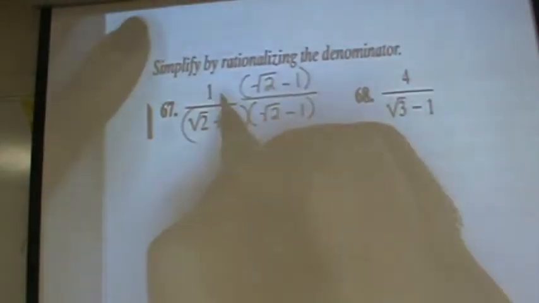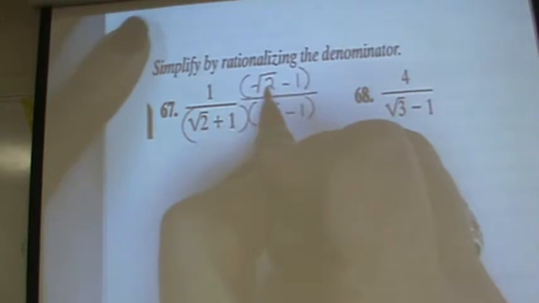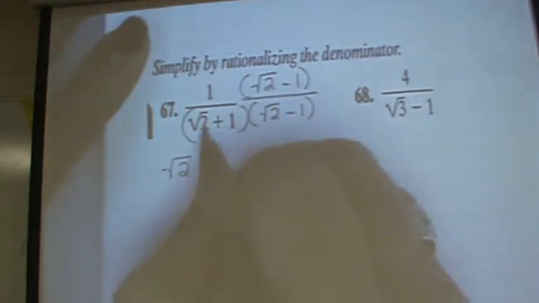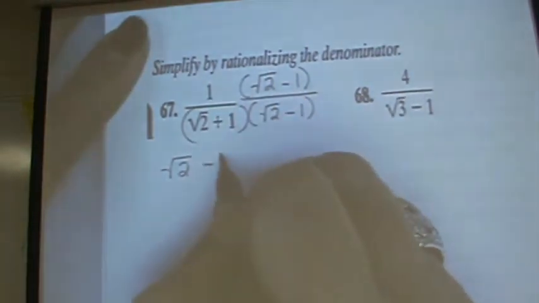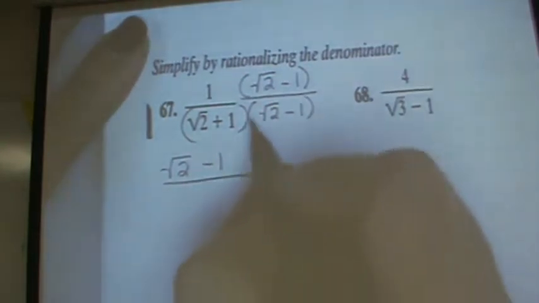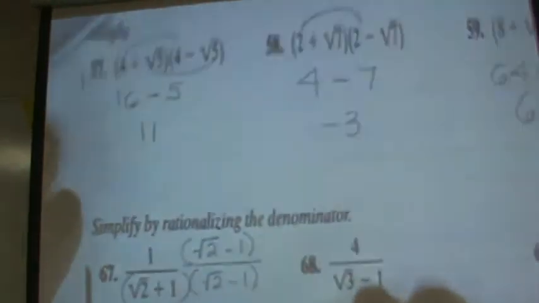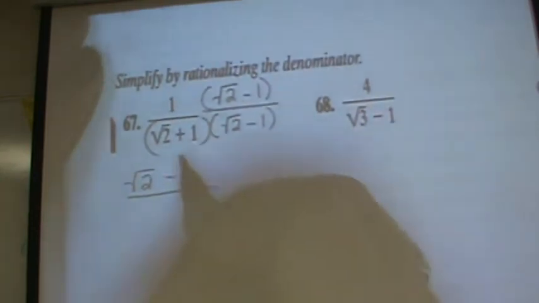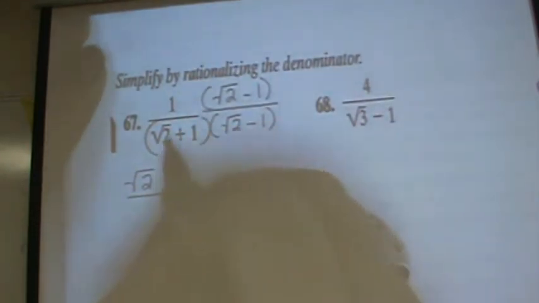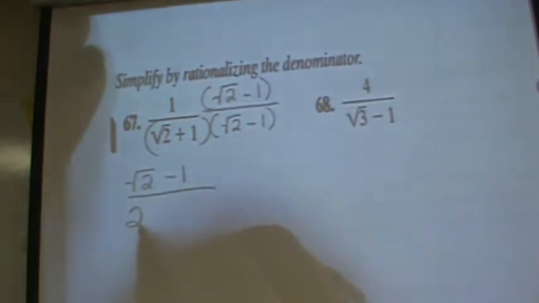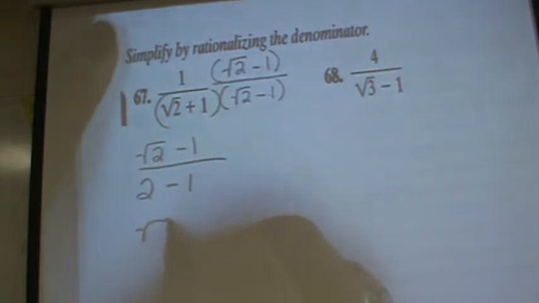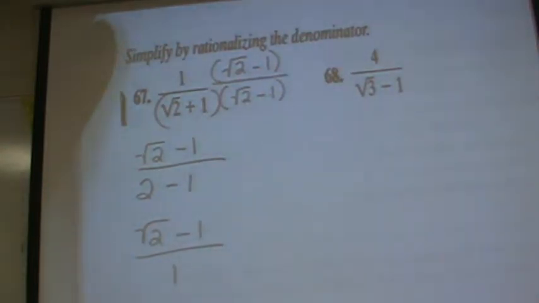So you're going to multiply across. 1 times root 2 is root 2. 1 times negative 1 is negative 1. And at the bottom, you're going to FOIL it, but it's the same as up here. All you have to do is the first, so root 2 times root 2 is 2, and then minus the last. So we know what 2 minus 1 is. That's your numerator, and that's your denominator.